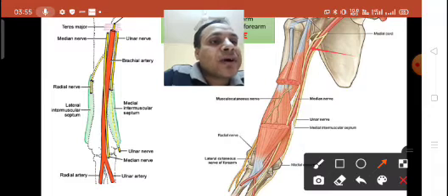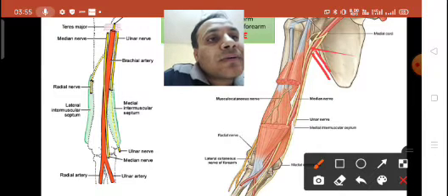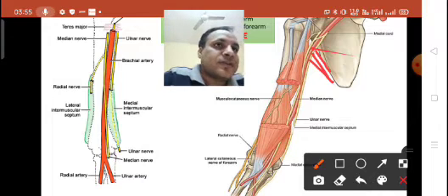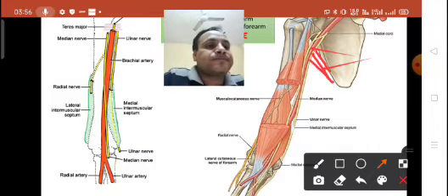It leaves the axilla at the level of the lower border of teres major muscle. You can see this is the teres major muscle.